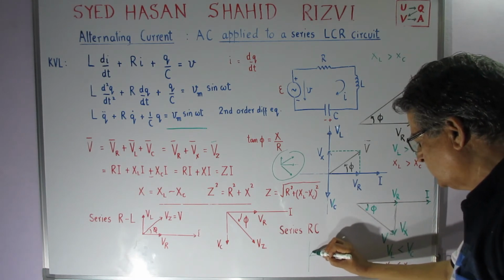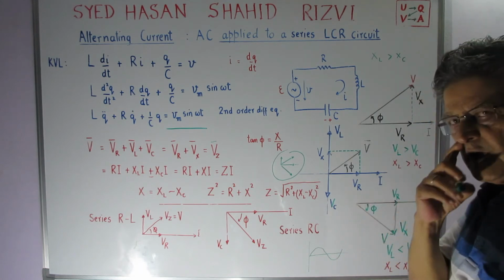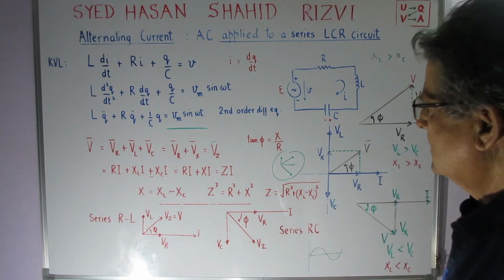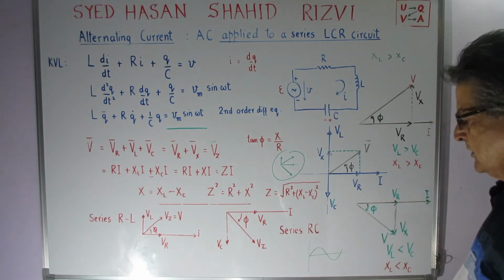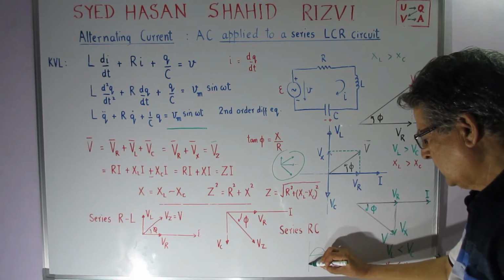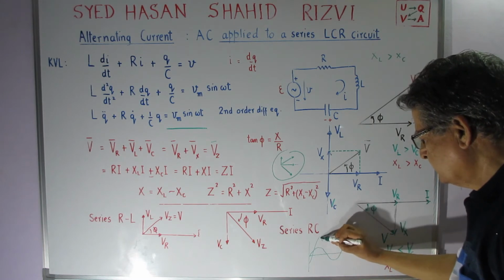So for the current you start like this, and then you have to decide an angle phi, and then you have to draw the voltage, and because it leads this, it has to be something like this.